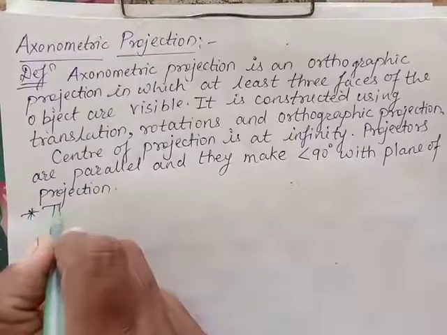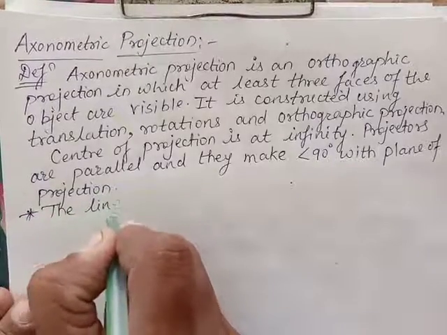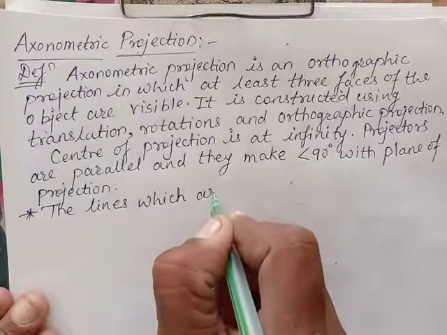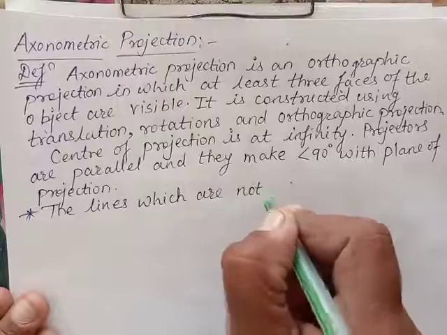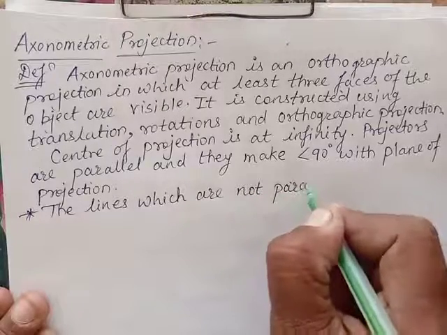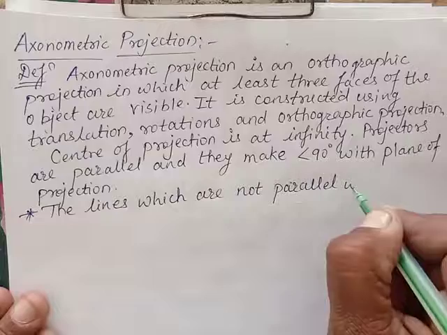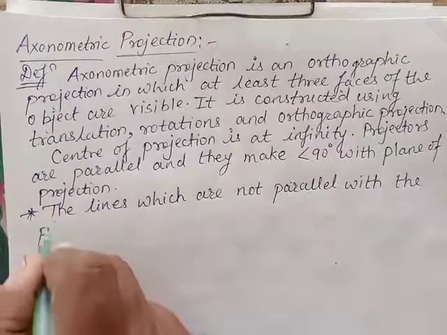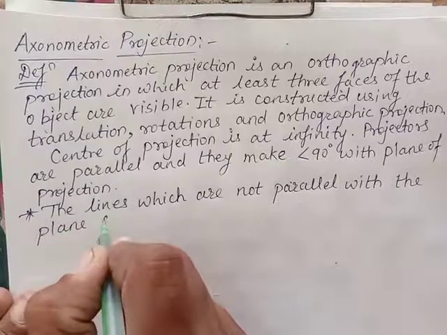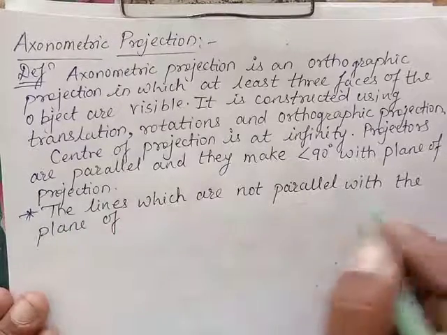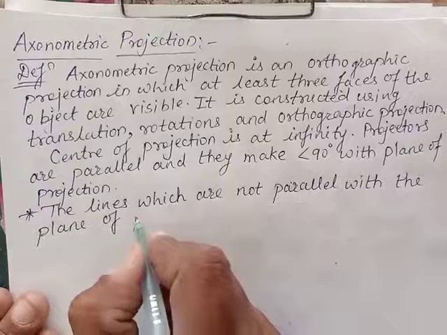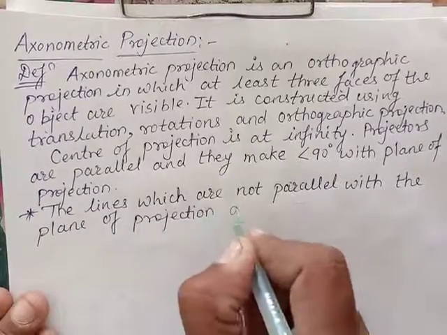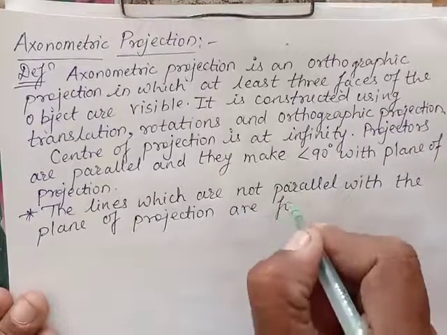The lines which are not parallel with the plane of projection are foreshortened.